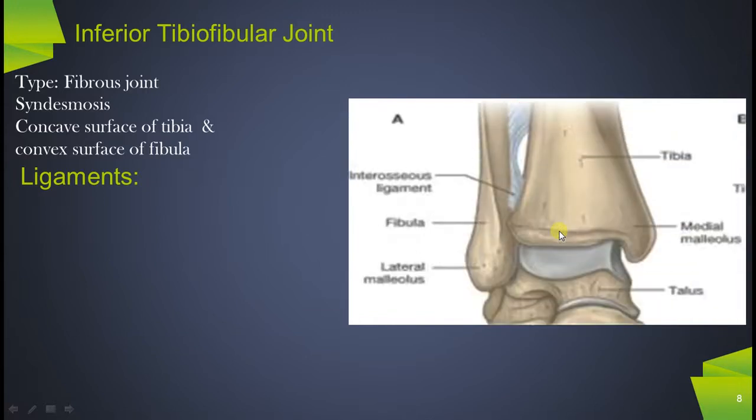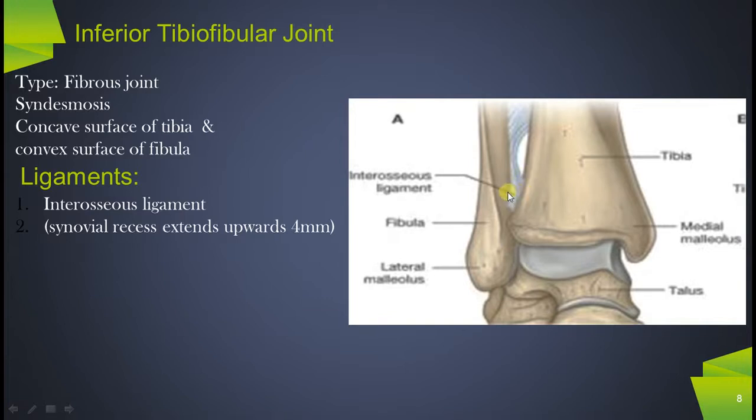Ligaments, mainly what you see is the interosseous ligament, which is stretching between the tibia and the fibula. We have seen that the interosseous membrane below it is continuous with the interosseous ligament. This gap is for the perforating branch of the fibular or peroneal artery.